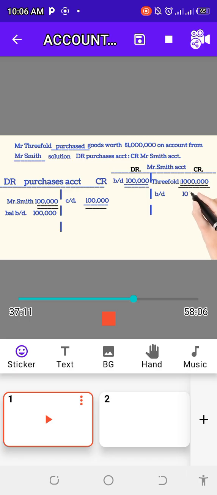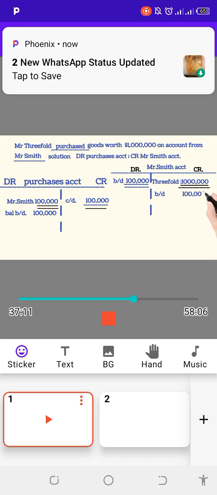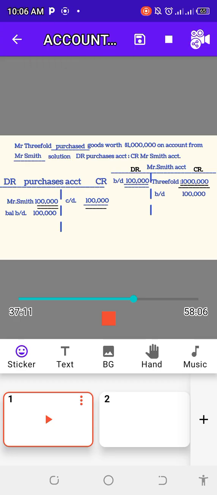That is human error. Correct it. And that is Mr. Smith's account. It is a liability account. Any accountant looking at this T account will know that they are owing Mr. Smith 100,000.